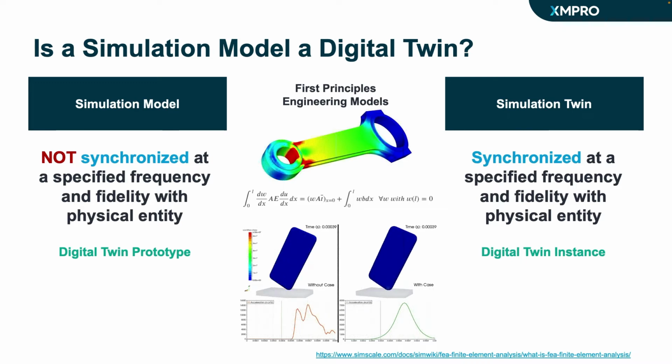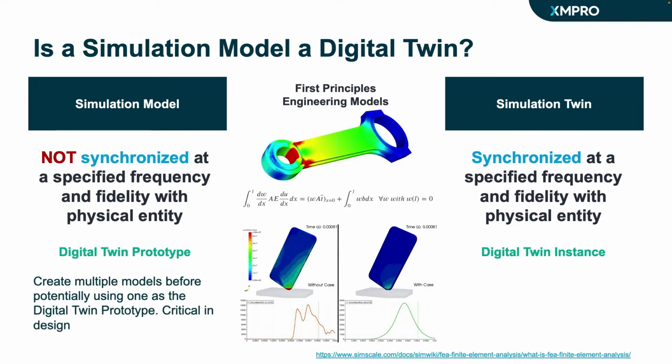I can use the same simulation model, I can either connect it up or not, and that would be the difference. So using or creating these digital twin prototypes, they are critical in design, but some of them may be thrown away, or a lot of them might be thrown away and actually not used in the instantiation of digital twins.